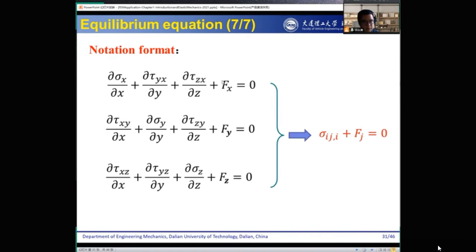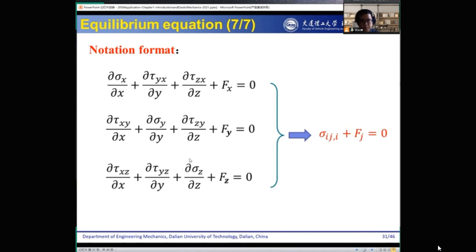When we write this out, it's complicated to write all of those, so we can use the index notation. We can write those three equations in index format. We can also say which is the free index and which is the dummy index.